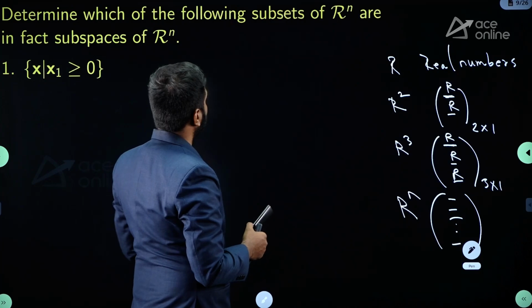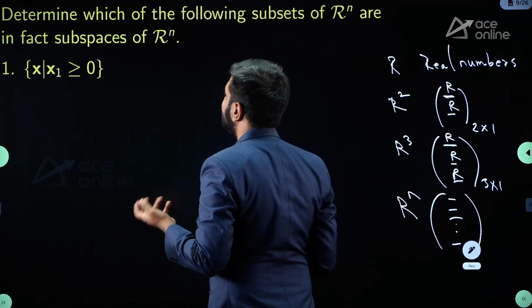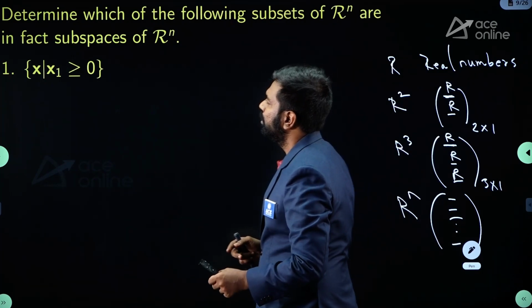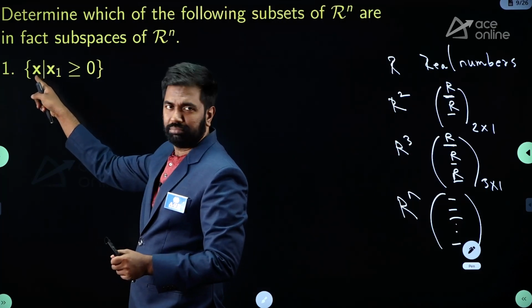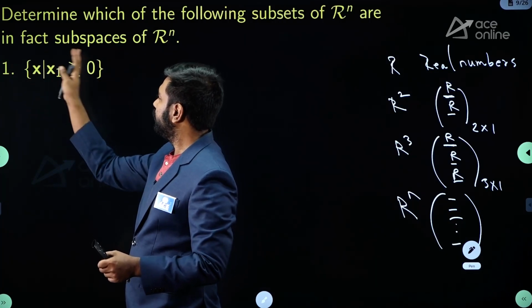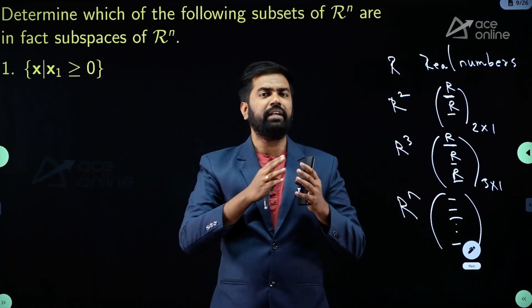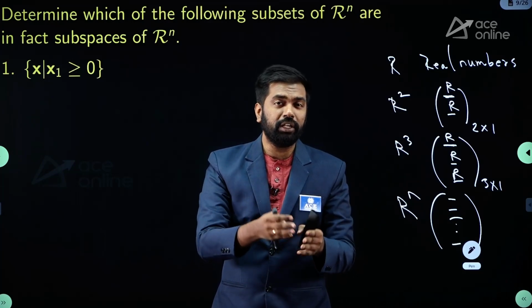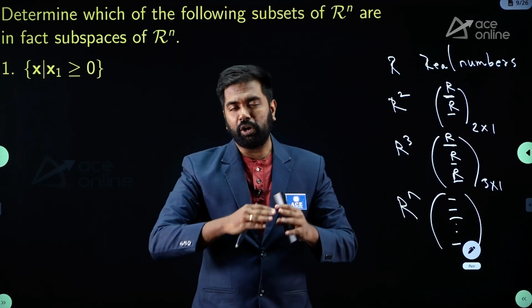Determine which of the following subsets of R power n are in fact subspaces of R power n. So they gave a set. This description is all about a set. Now we have to check whether this set forms a subspace or not.